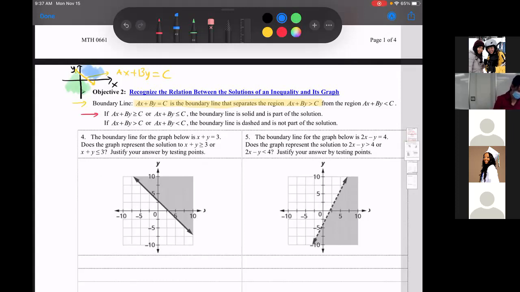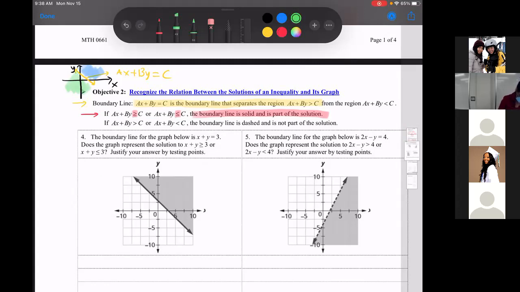If ax + by ≥ c or ax + by ≤ c, maybe I'll highlight in red, the boundary line is solid and is part of the solution. So if you see greater than or equal to, or less than or equal to, you're supposed to draw a solid line.